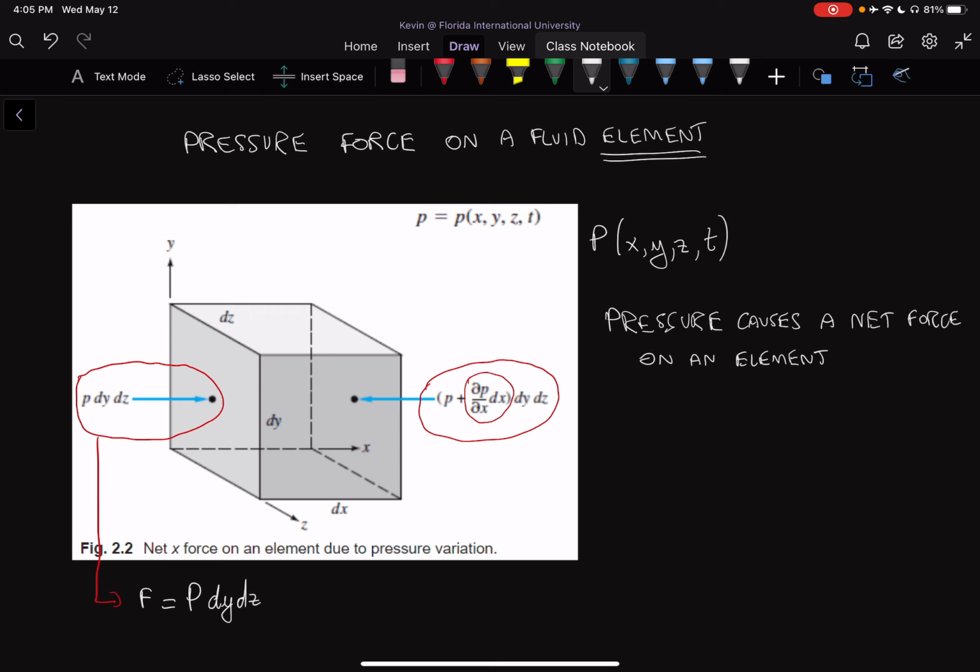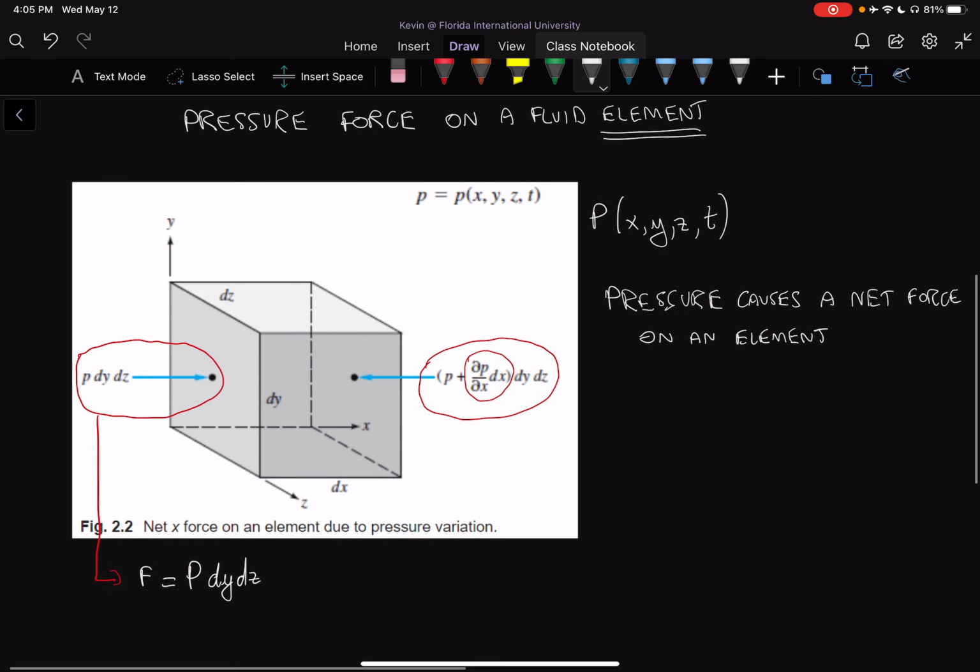Now why is the force equal to P dy dz? If we remember, force is equal to pressure times area. The area of this element is dy multiplied by dz. So this term here is equal to the area.